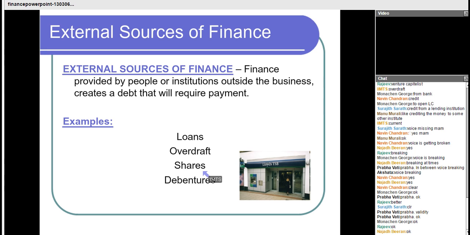Collateral security is the security which you need to offer to the party from which you are taking your finance. It may be a bank. The bank is not going to give you overdraft just like that. Overdraft limit will not be sanctioned just like that. You have to give something concrete as a security. Similarly, but with debentures, you don't need to give any collateral security.